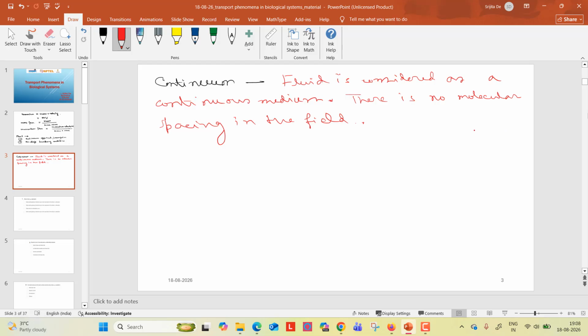When can we apply it? Suppose our system has a characteristic length, which is called L. The characteristic length L has to be greater than the mean free path distance of the constituent molecules.